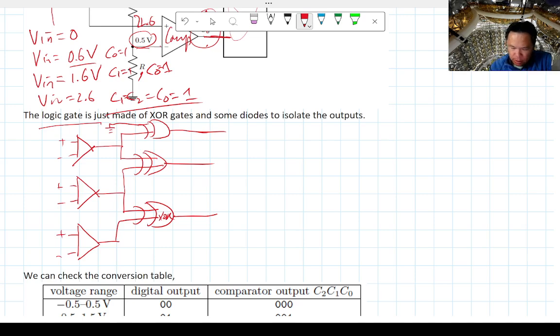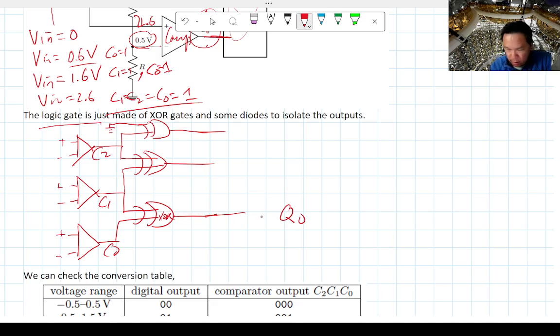Okay, so what these outputs go to, I'm not going to throw in the diodes yet, but this is going to be directly tied to basically Q0. So this is C0, sorry, up here, C0, C1, C2.